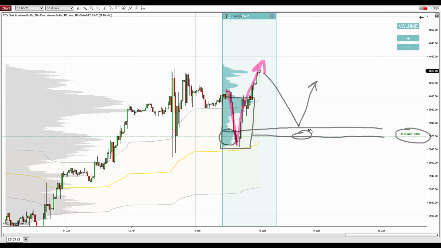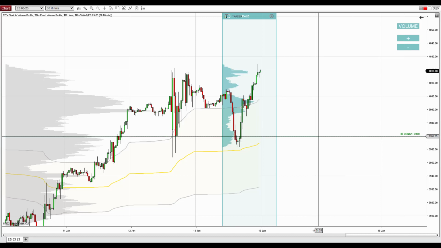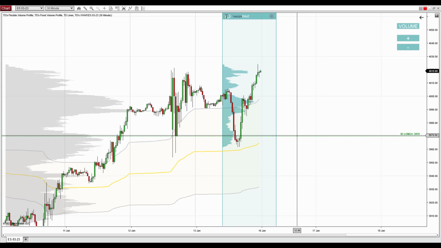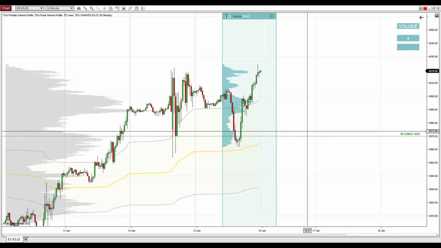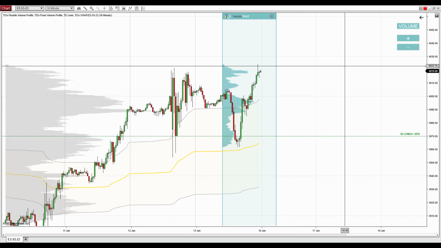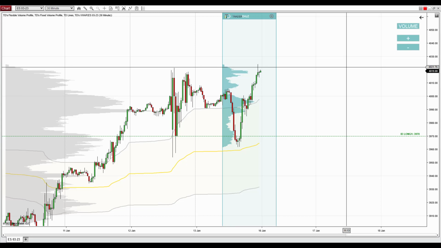So if you really want to catch this one, you may want to enter a little bit sooner. But as you can see, I have my level at 39.70. This is where I'll be trading from, at least if any strong order flow confirmation doesn't come in this area. If it does, then I'll just go long from the place where the order flow confirmation will come.